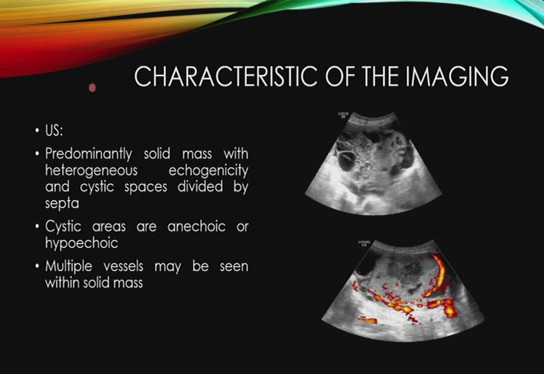The characteristic imaging on ultrasound is a predominantly solid mass with heterogeneous echogenicity and cystic spaces divided by septa, with cystic areas anechoic or hypoechoic, and multiple vessels may be seen within the solid mass.